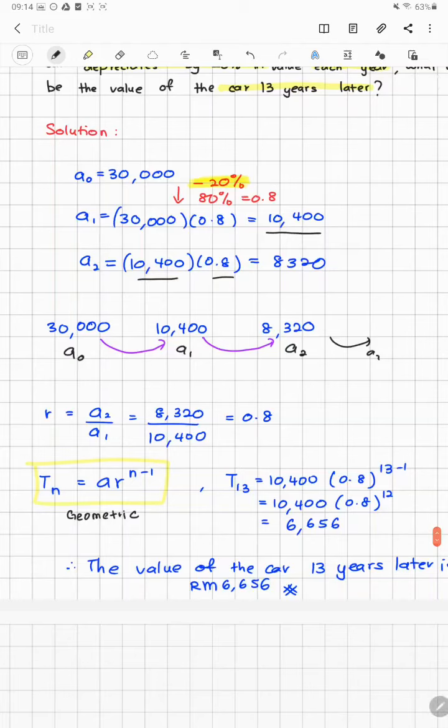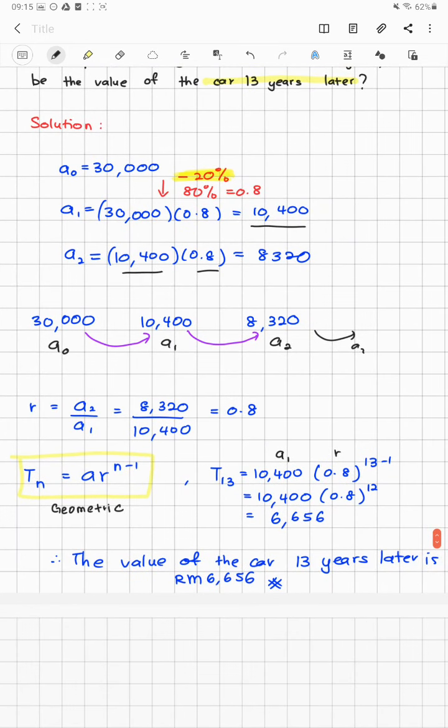So T13 equals to our A is 24,000, so this is our A1, and then our R is 0.8, and then 13 minus 1. So we calculate our value, we will get 6,656. So the value of the car 13 years later is Ringgit Malaysia 6,656.